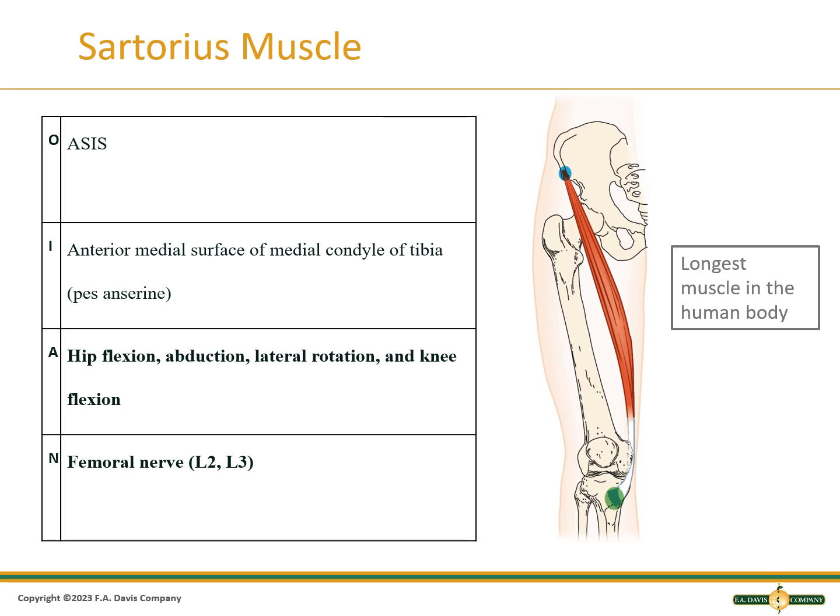It is the longest muscle in the human body, and because of its line of pull, see how it kind of wraps across the thigh there? It causes hip flexion, abduction, and external rotation at the hip, and it also contributes to knee flexion because it crosses the knee to insert in our pes anserinae, and it is innervated by the femoral nerve.